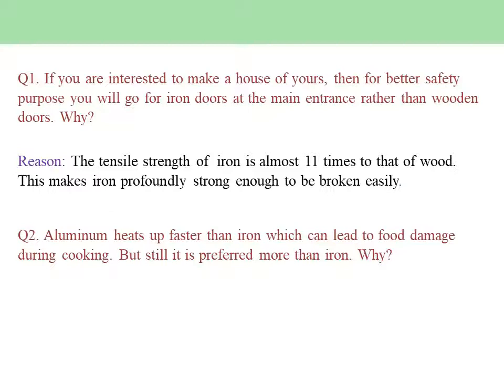For this reason, we do not use steel containers for cooking. We use iron or aluminium. So why are we preferring aluminium rather than iron? What can be the reason?